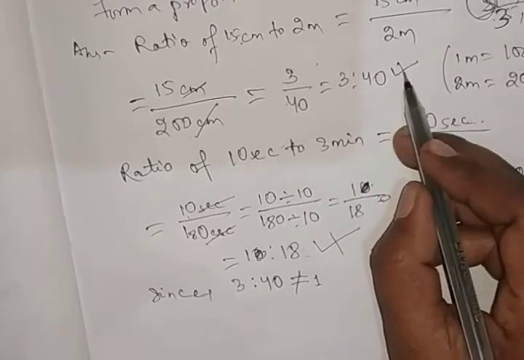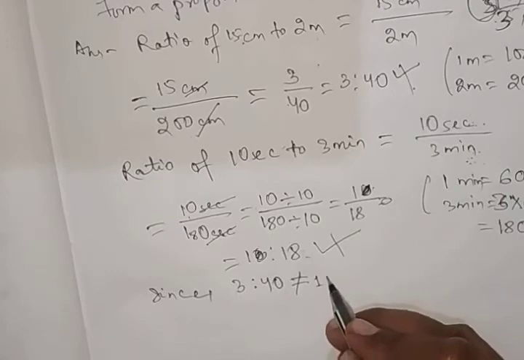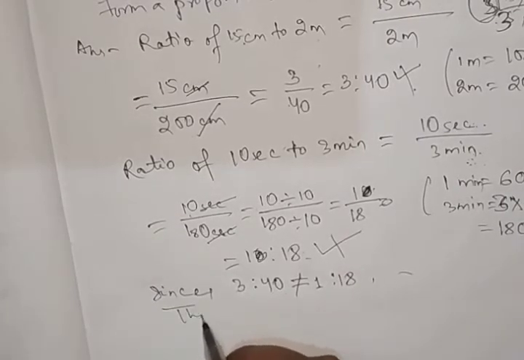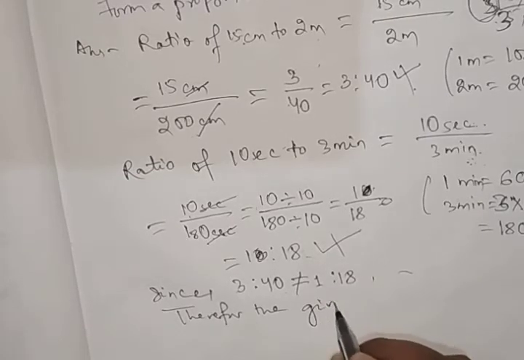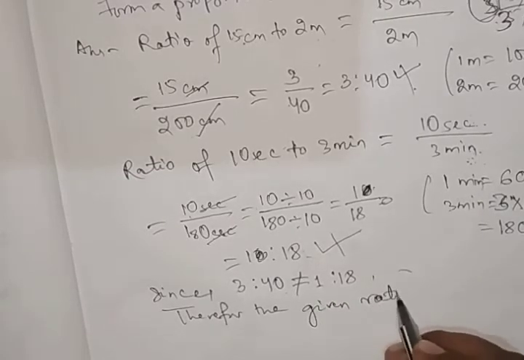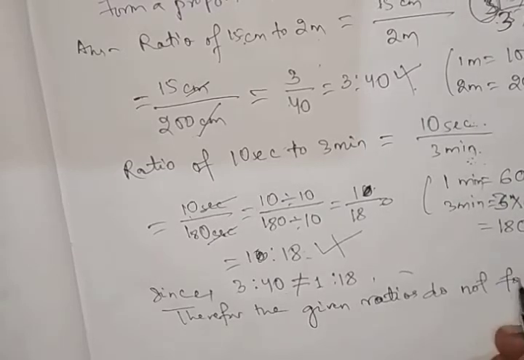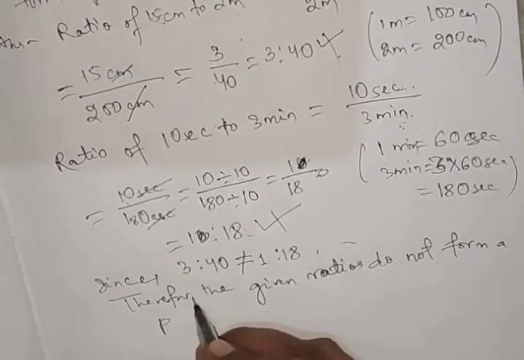So 3 is to 40 is not equal to 1 is to 18. Therefore, the given ratios do not form a proportion.